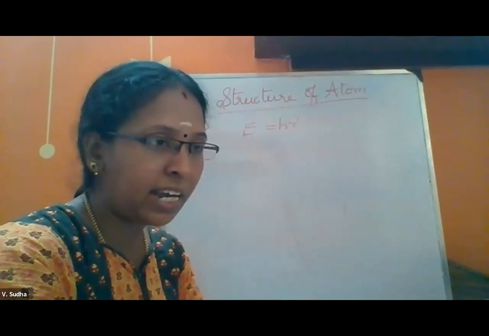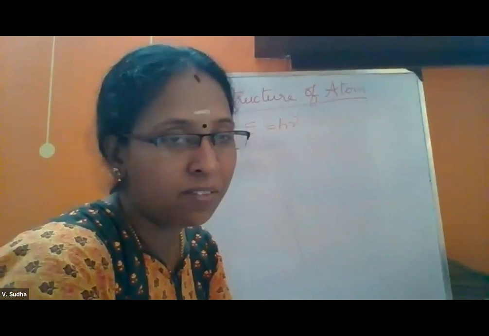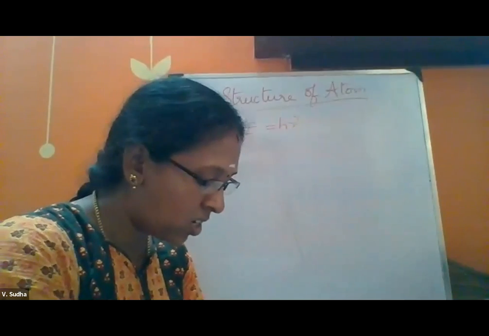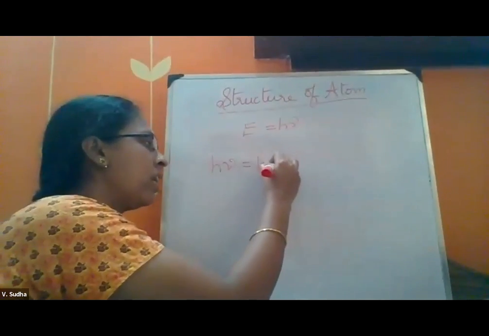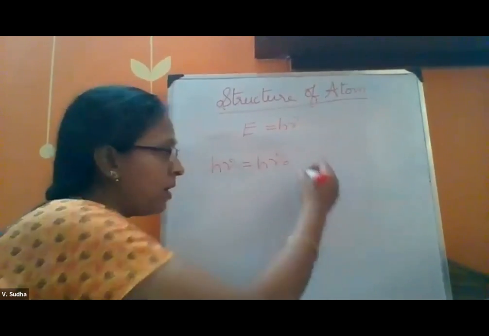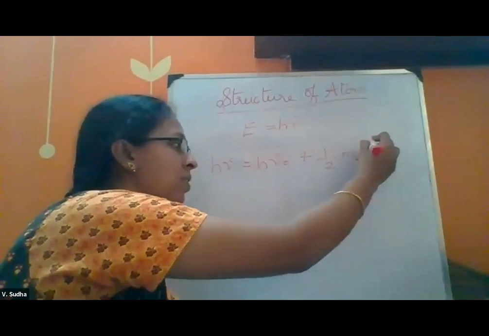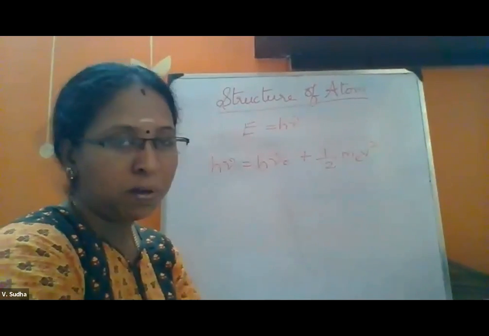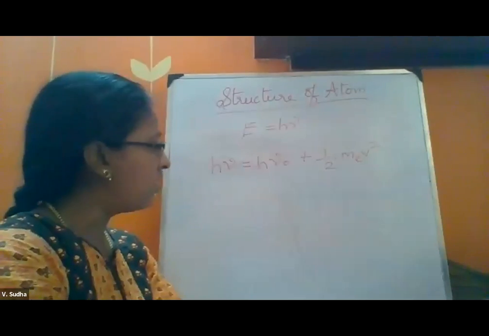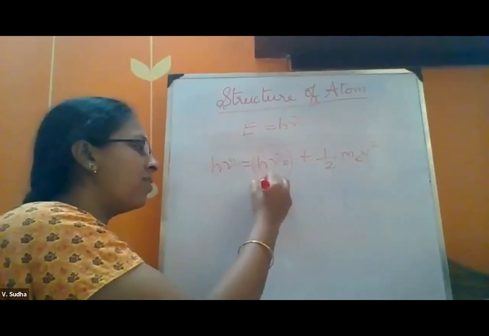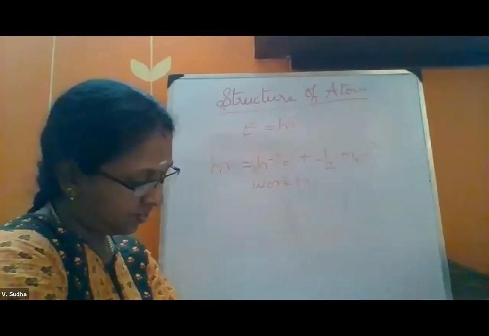The kinetic energy of the ejected electron, that is how fast it comes out: h nu is equal to h nu naught plus half m v squared, where m is the mass of the electron. Here h nu naught is the work function.